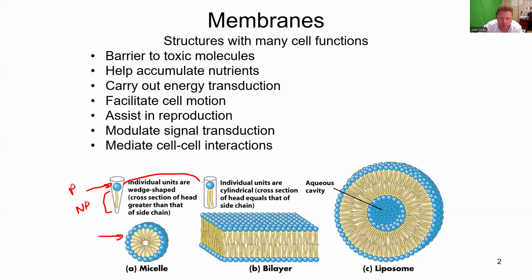The same is true of these other guys right here. Now, it is significant to note the differences between the building blocks for a micelle and a bilayer. Well, this is one non-polar tail, whereas your bilayers are typically going to have two non-polar tails.